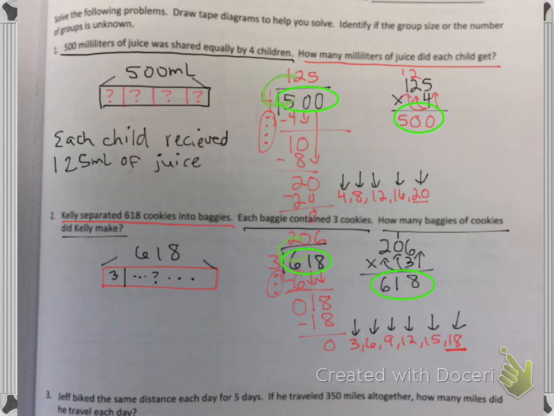So how many baggies of cookies did Kelly make? Kelly made 206 baggies. Okay. Kelly made 206 baggies. Awesome. Not too bad here.